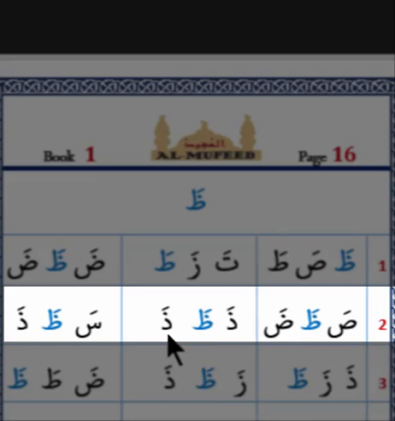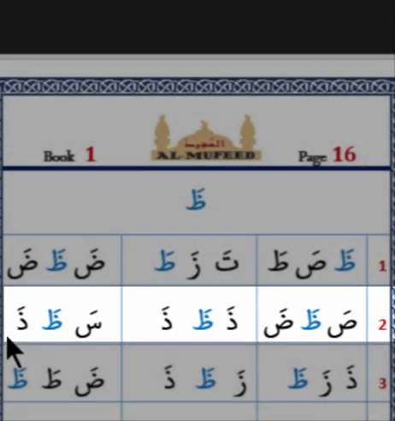Again, notice the difference between the and the. The, va, the. The, va, the. Se, va, the. Se, va, the.